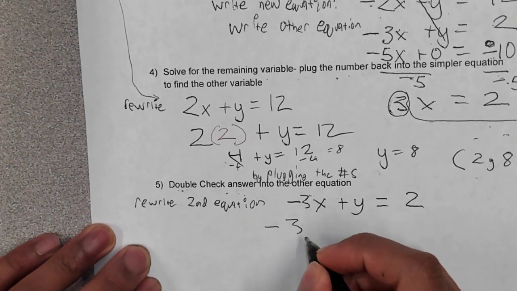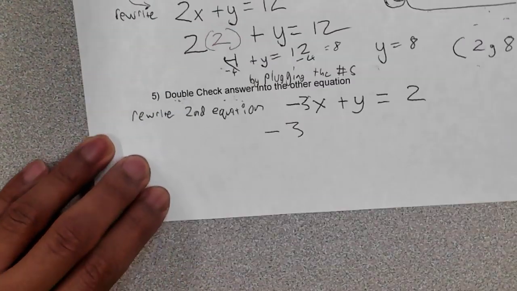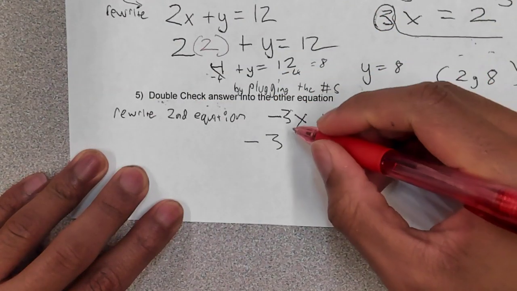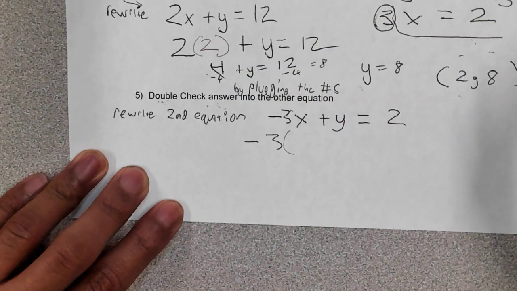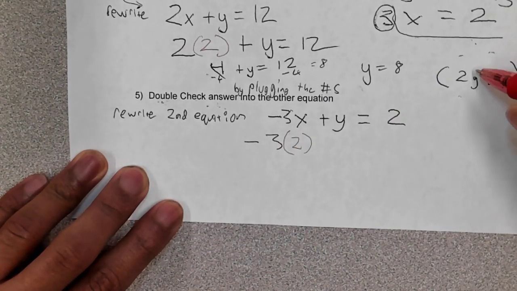So for negative 3, I'm going to plug in, I'll write this in my red pen, 2. So it's 2 and 8 right over here.